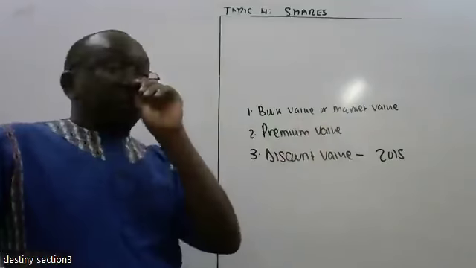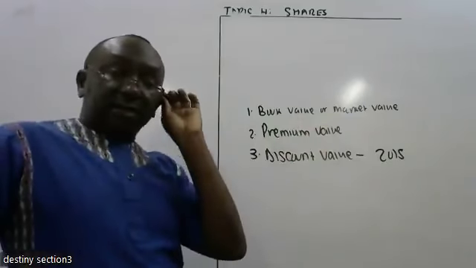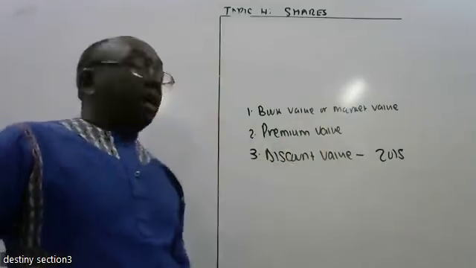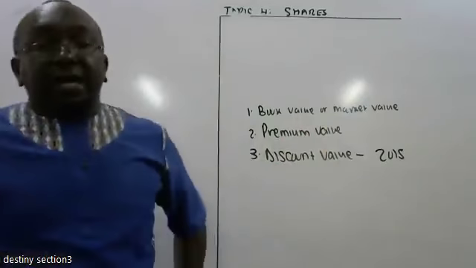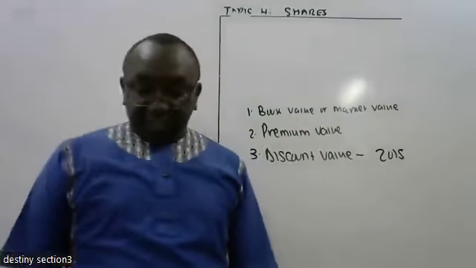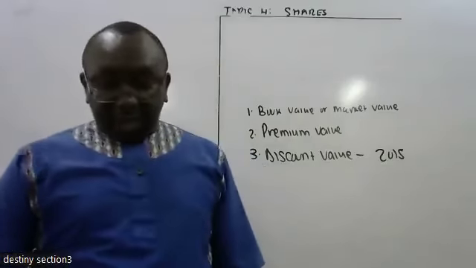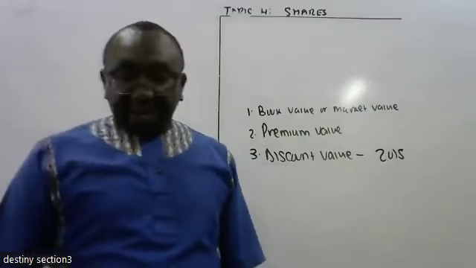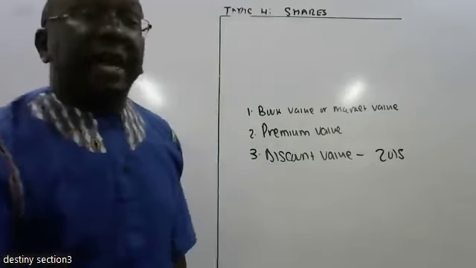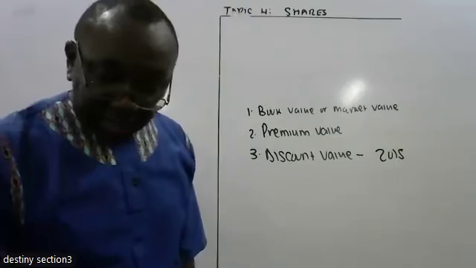You can issue at premium, that is at a higher value, obviously. And you can give it a discount. But currently, in the Act of 2015, it is prohibited. You cannot issue company shares at a discount. It is devaluing the company, which is not okay.